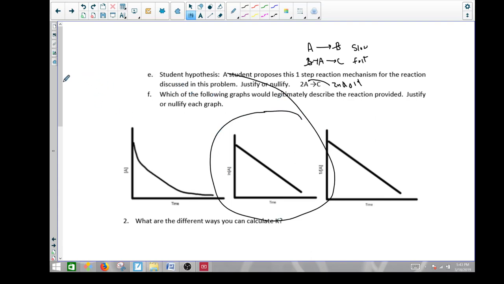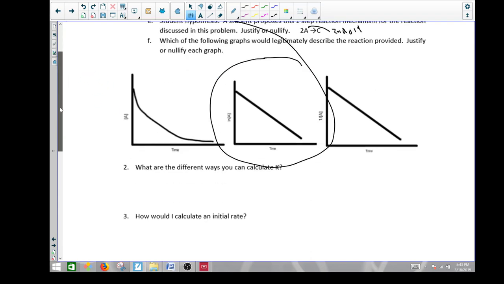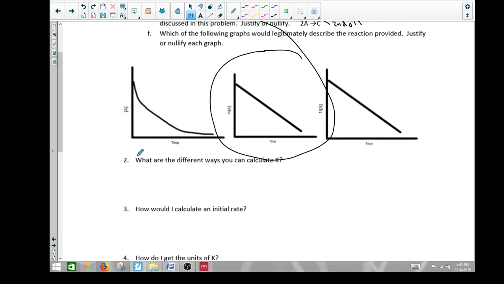Okay. All right, what are the different ways you can calculate K? Well, there's three ways. You should know each one. Number one, rate, and that is absolutely the initial rate, equals K times the rate law; solve for that guy. Integrated rate law.